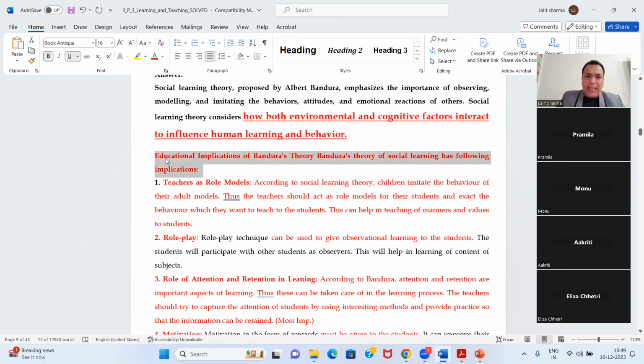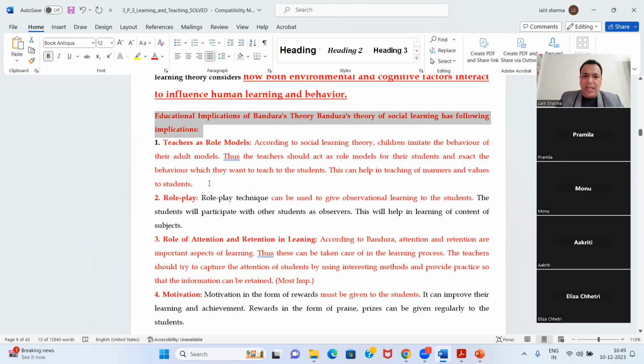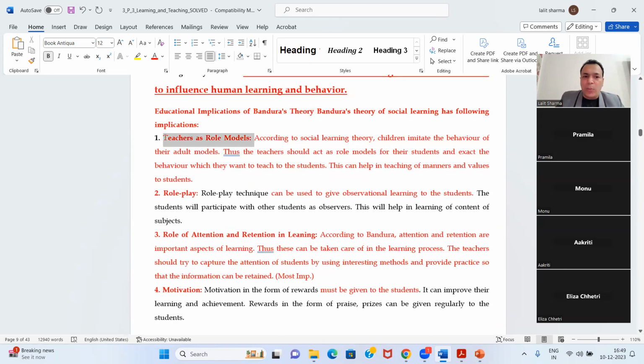So guys, look, educational implications of Bandura's theory of learning. The teacher should act as a role model. Bandura is saying the teacher should become the role model in the class. Come properly in the class, meaning you should be punctual in the class.